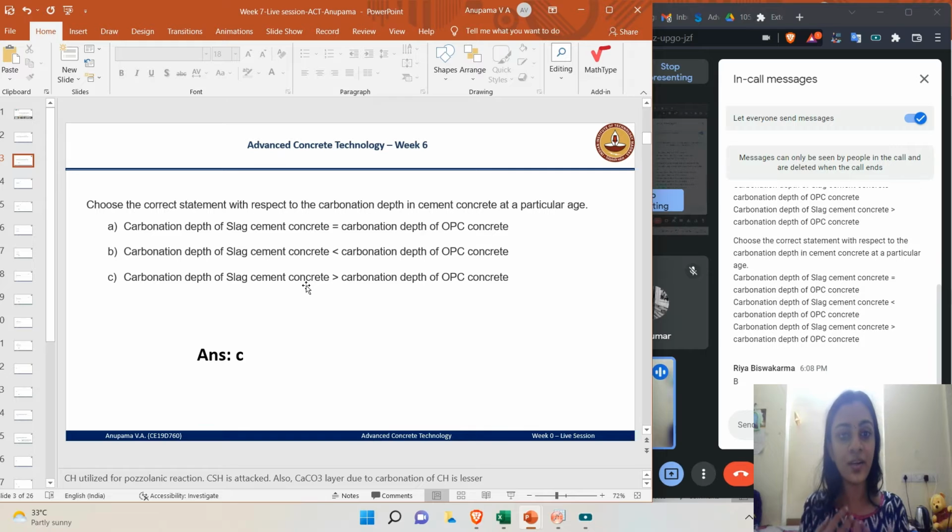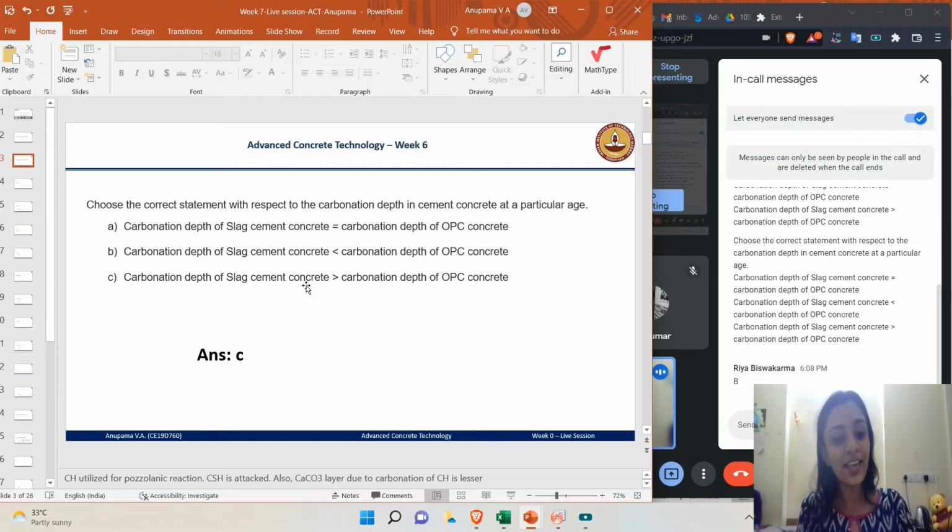Whatever lime, portlandite or calcium hydroxide was available in the system was used by the reactive silica in the slag for the pozzolanic reaction. Then when carbon dioxide attacks the system, it will not have the sacrificial, easily attacked layer of calcium hydroxide.